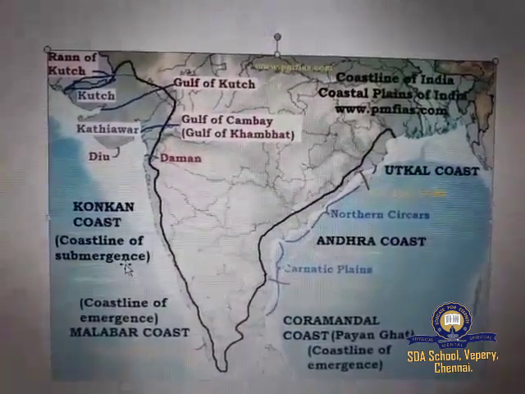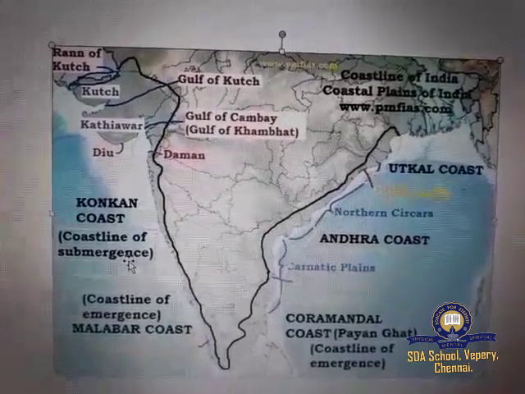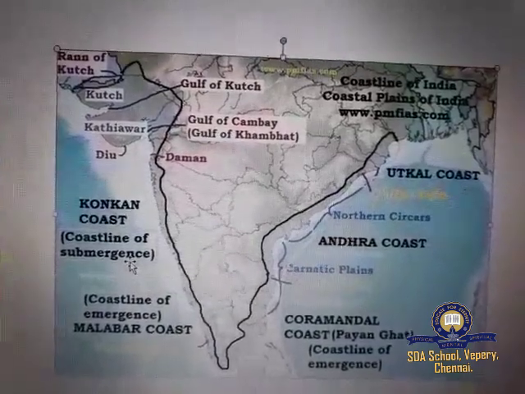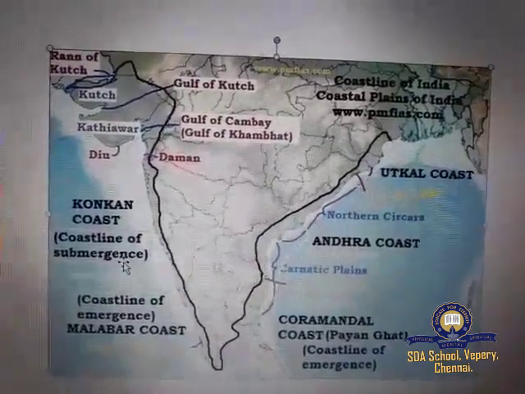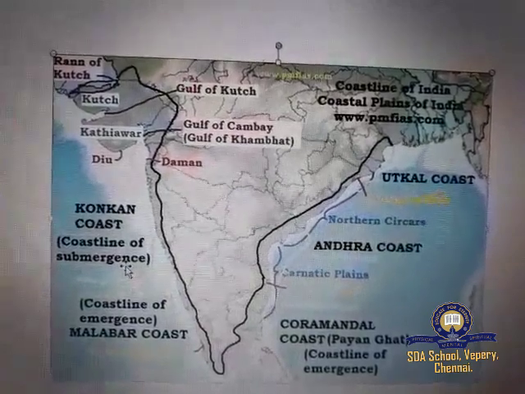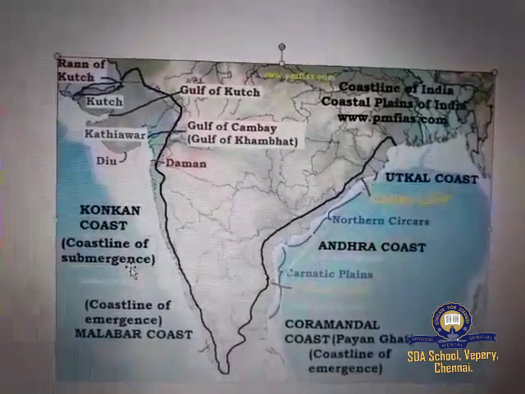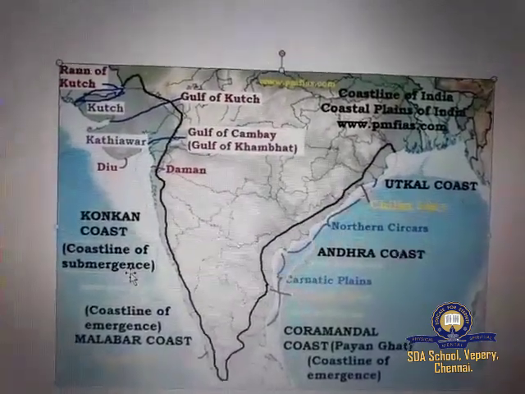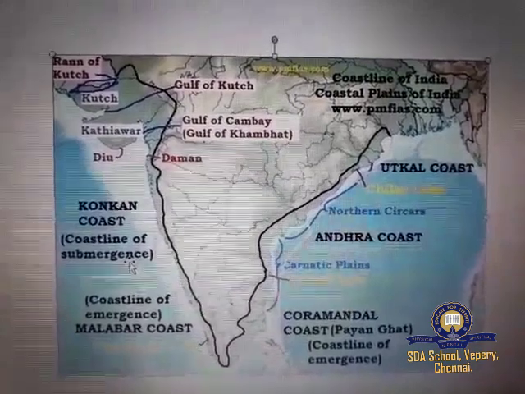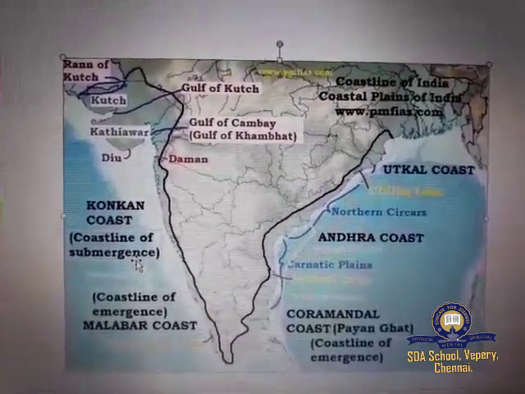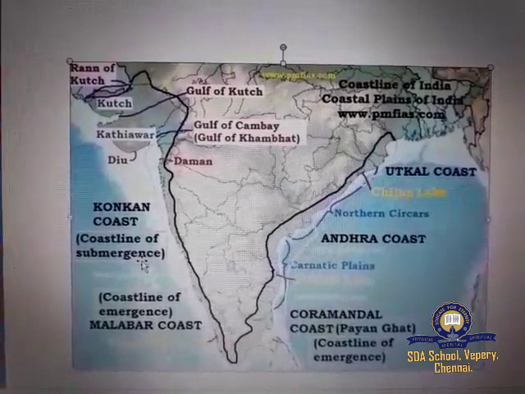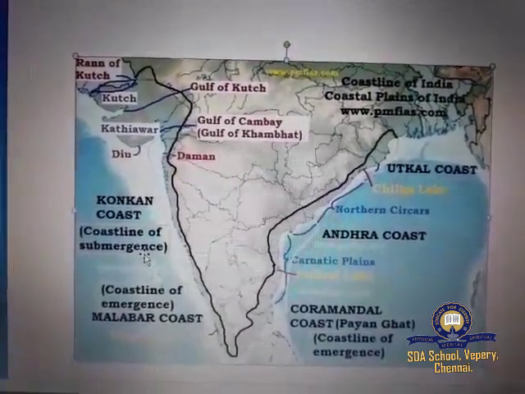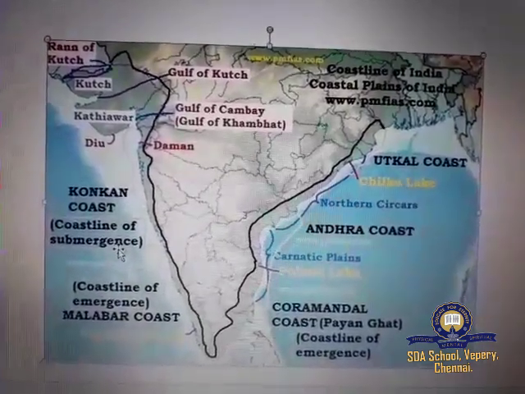The western coastal plain. It lies between the Western Ghats and the Arabian Sea. It extends from Rann of Kutch in the north to Kanyakumari in the south, and its width varies from 10 to 80 kilometers. It is mainly characterized by sandy beaches, coastal sand dunes, mudflats, lagoons, estuaries, laterite platforms and residual hills.